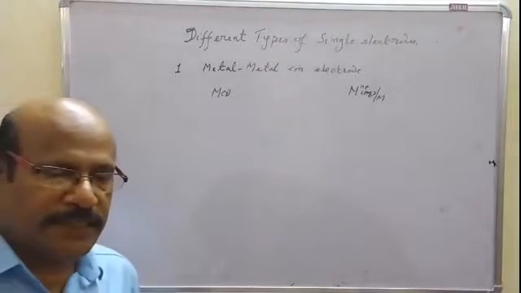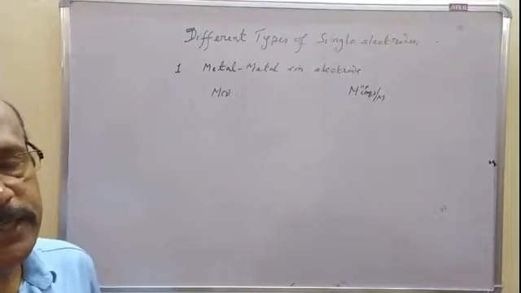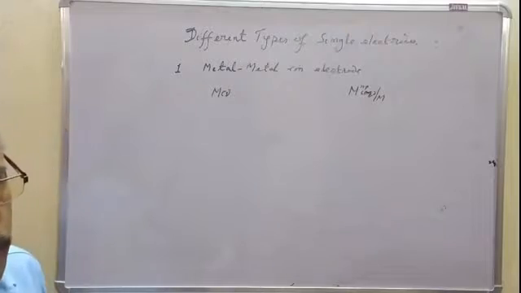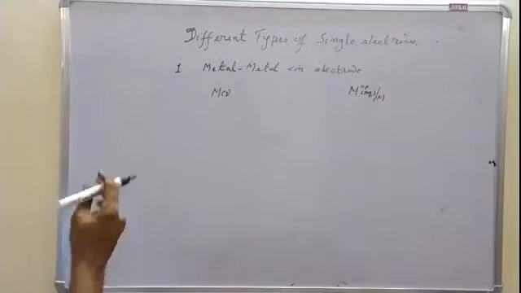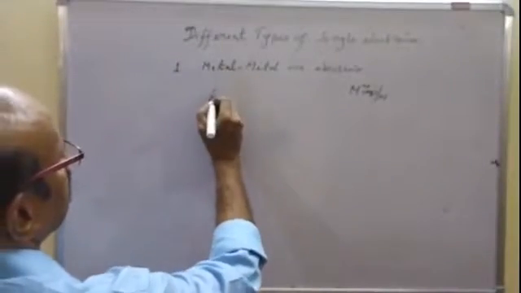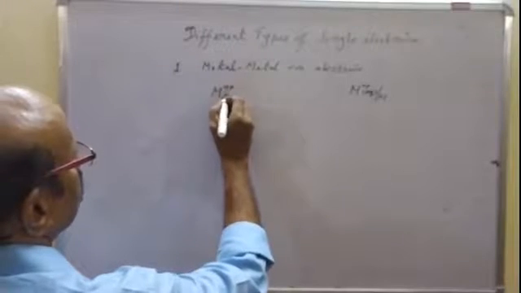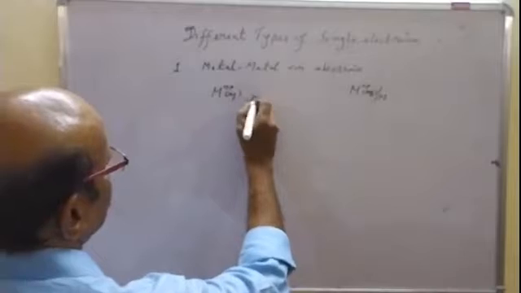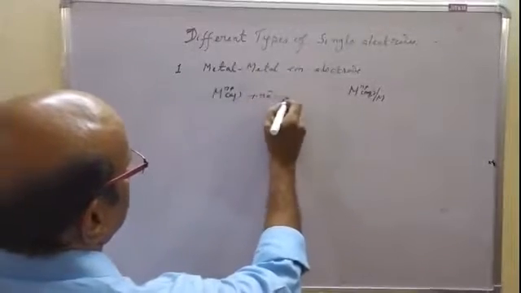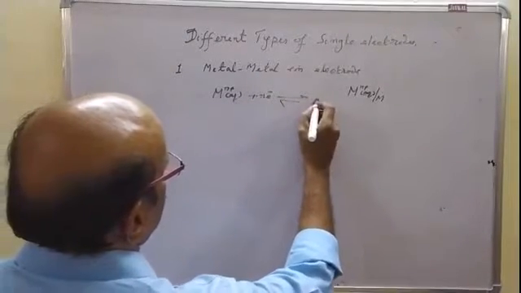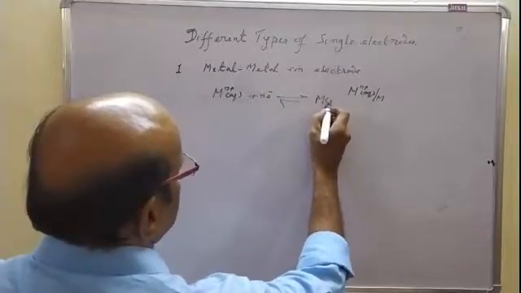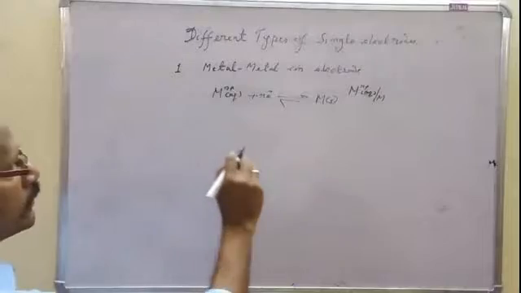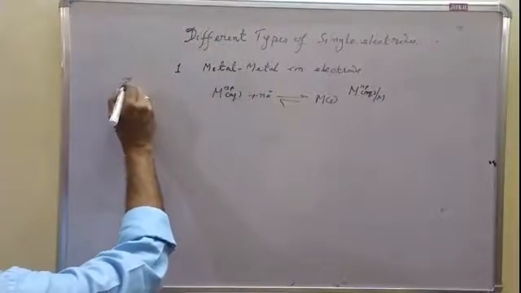So according to IUPAC convention, any electrode reaction should be represented in terms of reduction, that is addition of electron, so that the metal ion M n plus aqua plus n electron reversibly gives M solid. So this is the electrode reaction involved in the metal ion electrode.